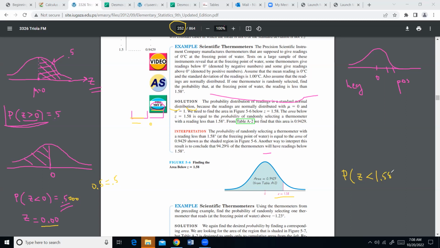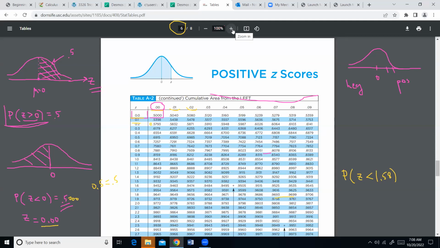So to find that probability, I'm going to have to use tables. So I'm going to need to go back to these tables here. And I'm going to need to get the 0.08 separated from my number, because we need to know the place of hundredths, right?